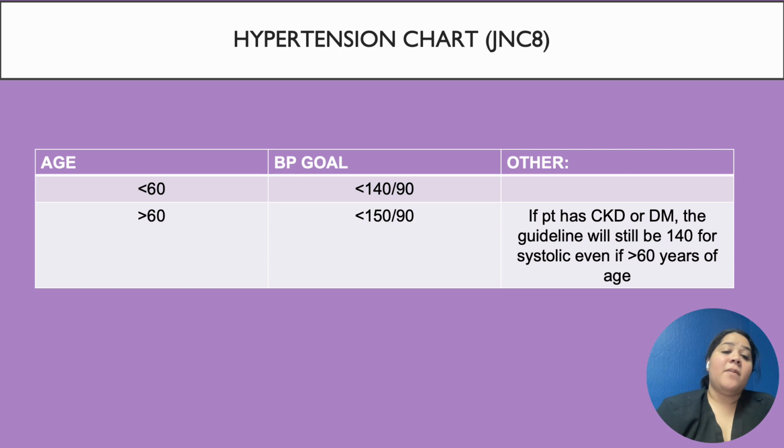So the only time that we really allow the BP systolic number to be increased by about 10 points would be if the patient is over the age of 60 and they have no comorbidities and are healthy. Alrighty? Otherwise, the blood pressure goal for everybody is considered to be less than 140 over 90.